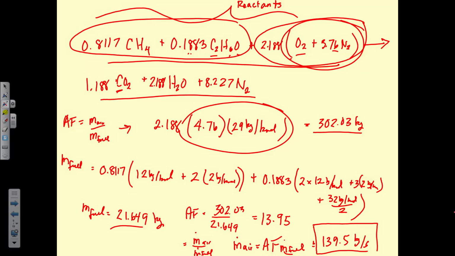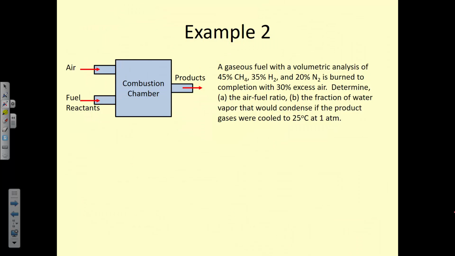So we're going to add an additional little bit of complication. Now we have a reaction that's burning to completion, again, but we have excess air. We also are going to do this with non-dry air.